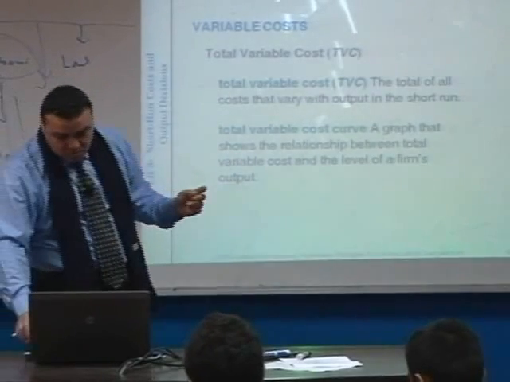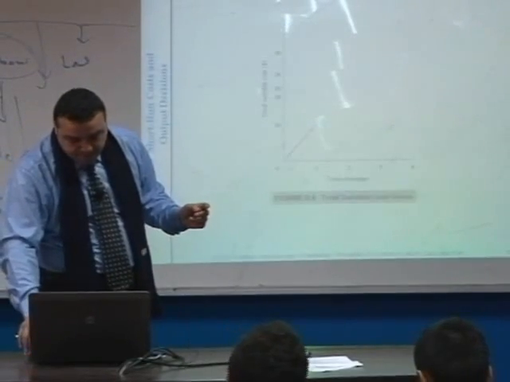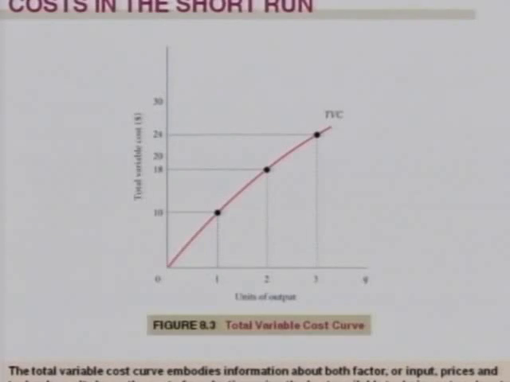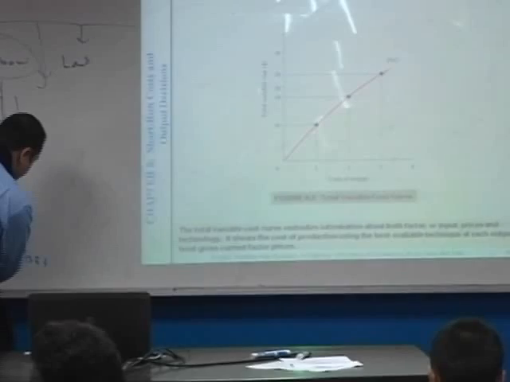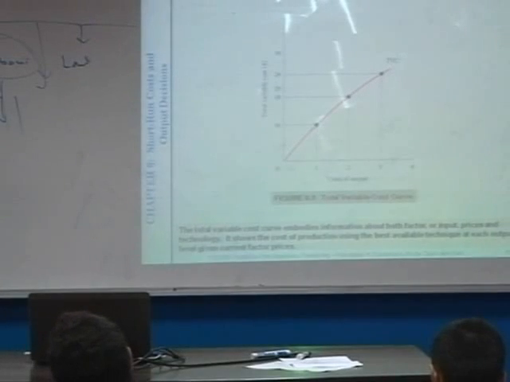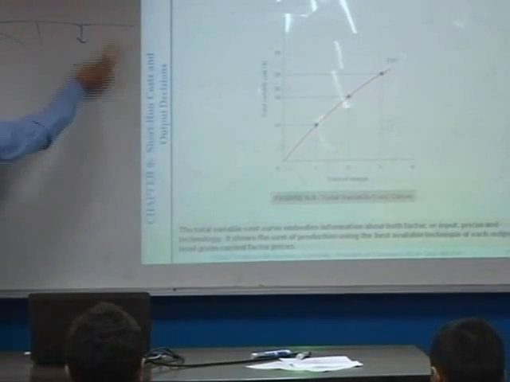Okay, let's go to the total variable cost curve. As we mentioned, if we want to produce more, the total variable cost would increase. So there is a direct relationship, or a positive relationship, between the quantity, or the output, and the total variable cost.